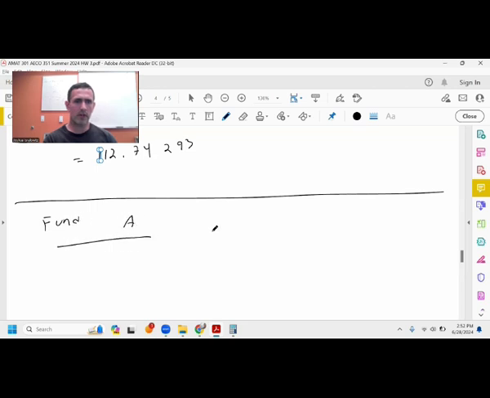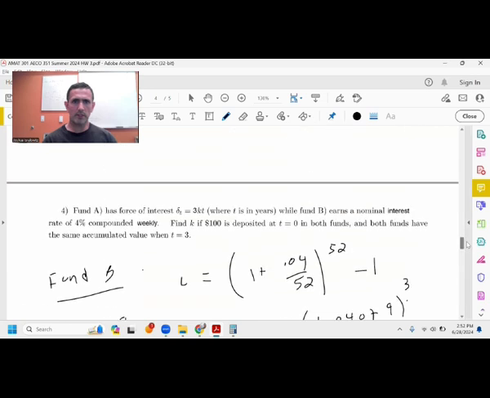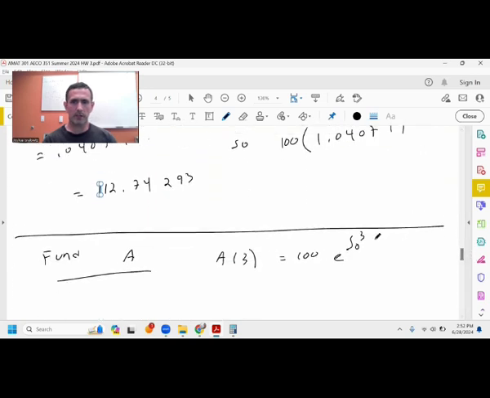Sorry, Fund A, just plug and chug. Nice easy integration of 3KT. So it's just 3KT squared over 2, from 0 to 3, so it's going to be 27K over 2.